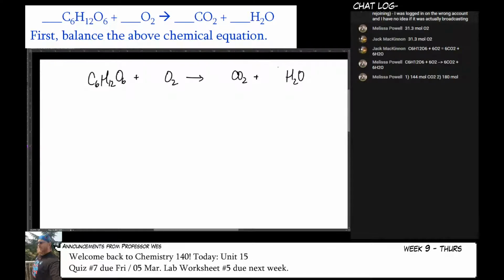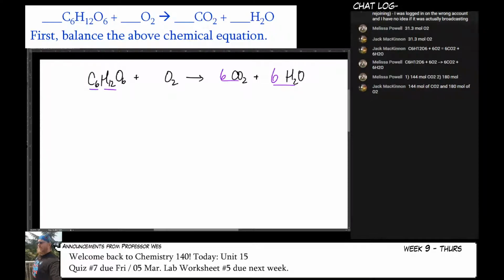They consume glucose for energy. And since there's a 6 for carbon here, this makes sense to do. And since there's a 12 for hydrogen here, it makes sense to do that. So now we have 6 carbon and 12 hydrogen on both sides. All I have to deal with is oxygen.